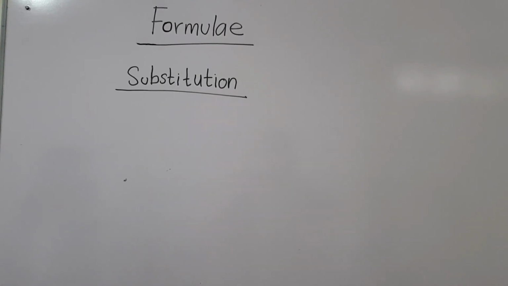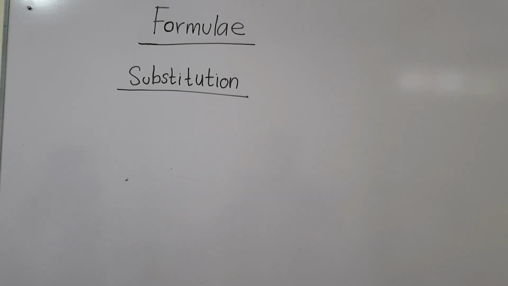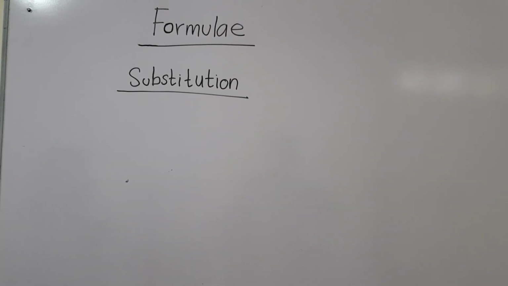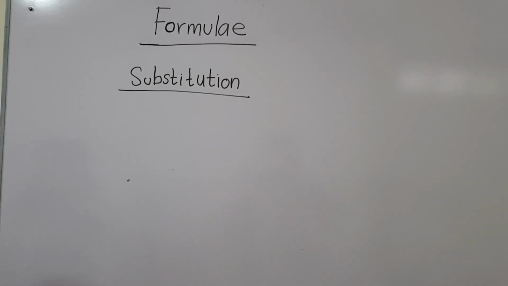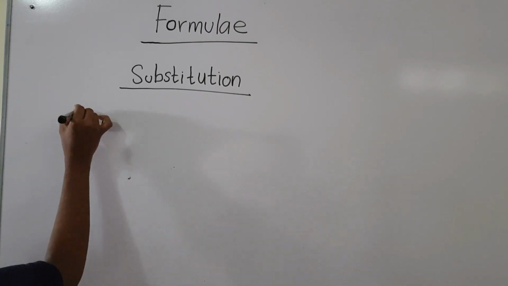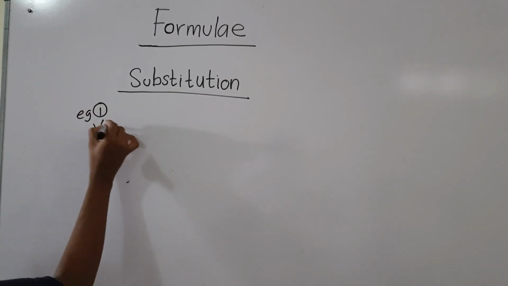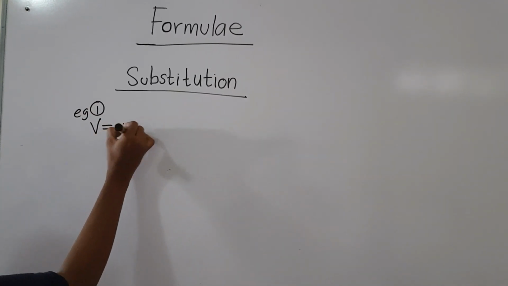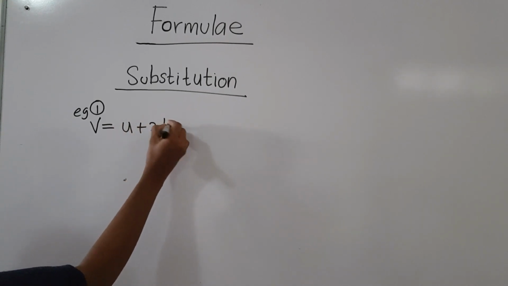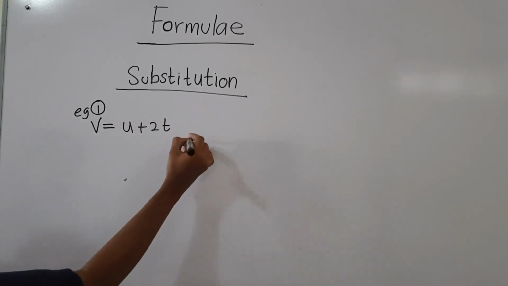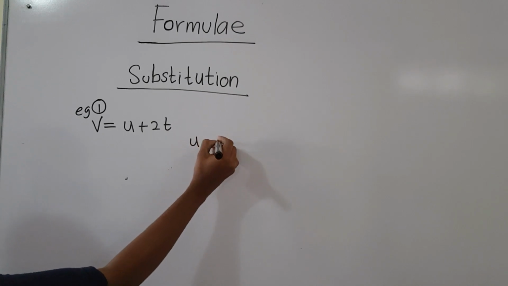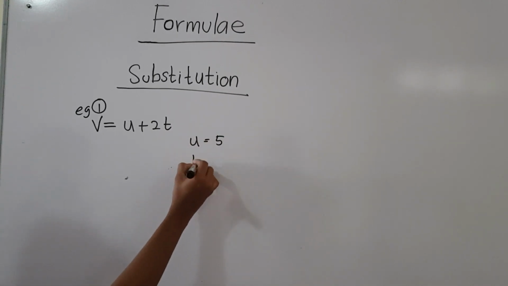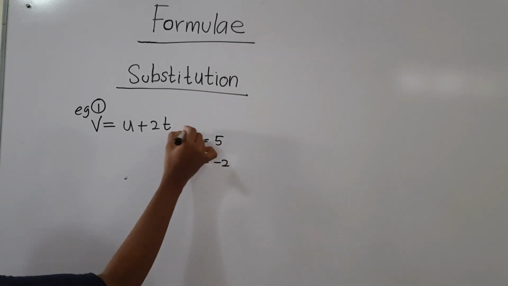When we are doing substitution, that means we are going to give values for the unknown terms and find the value of the term they are asking us to find. Now see for an example, example 1, V is equals to U plus 2T, and they have given U is equals to 5, T is equals to minus 2.